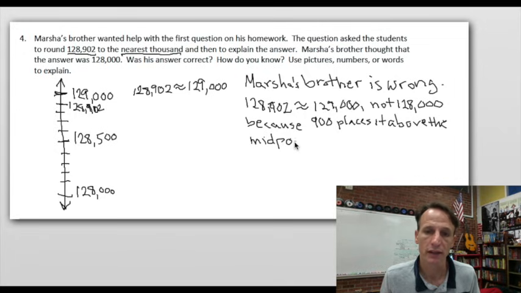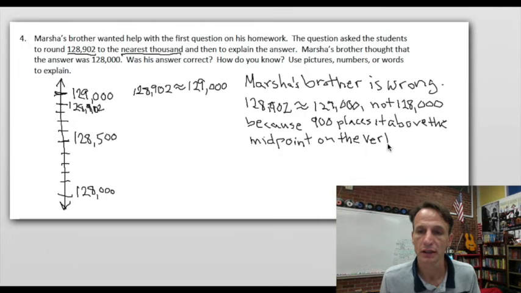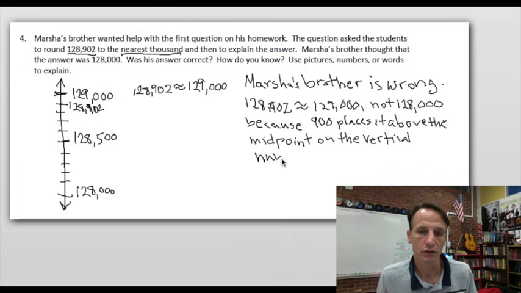What do we call that thing over there that we drew? On the vertical number line. And vertical simply means going up and down, right? Because you're used to using number lines that go horizontally, side to side.